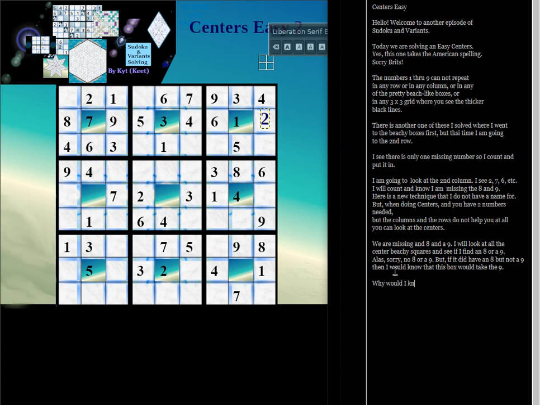Why would I know this? We can't duplicate numbers in any beachy square either.